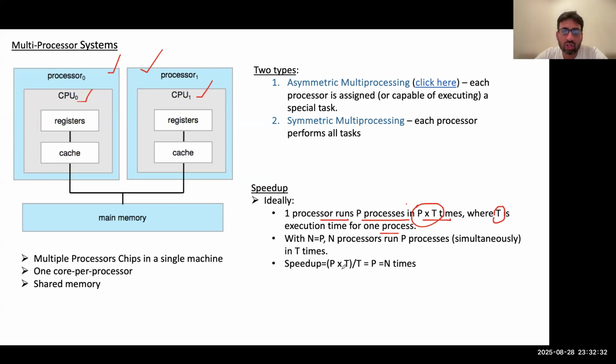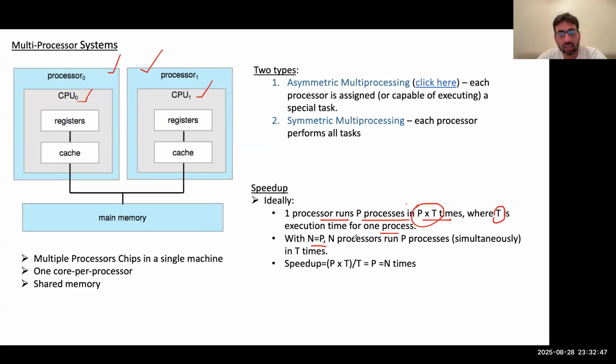Now let's change the situation and say we have n number of processors. We don't have one single processor now. We have n processors, and the value of n is the same as the number of processes or applications, right?